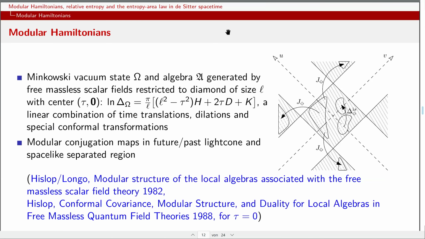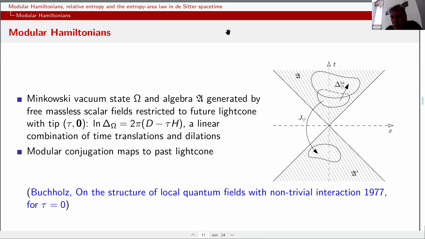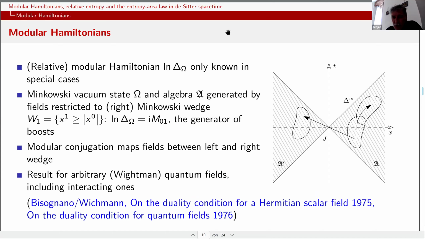And then another well-known example. Just before you go on, the first example was this Rindler example, and presumably the periodicity corresponds to the Rindler temperature, I presume. Yes, the acceleration. Do you have a simple explanation for why the modular Hamiltonian is this boost operator?